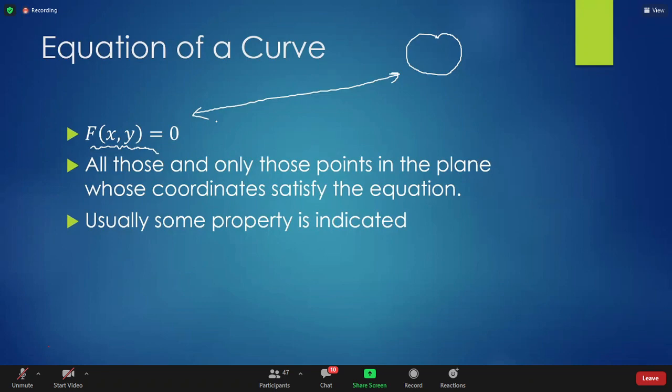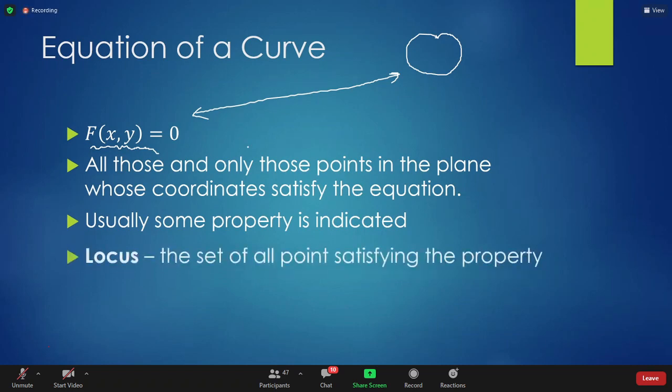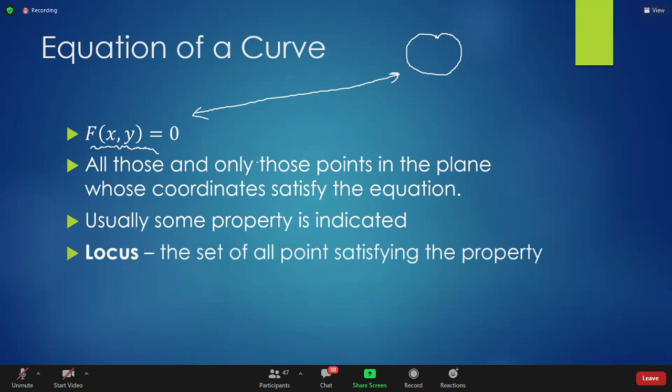So we use the term locus. Locus is the set of all points satisfying the property that we can describe differently. So we generally say the locus of all points equidistant from 2 given points is the curve, blah, blah, blah, whatever, written by an equation, for example.